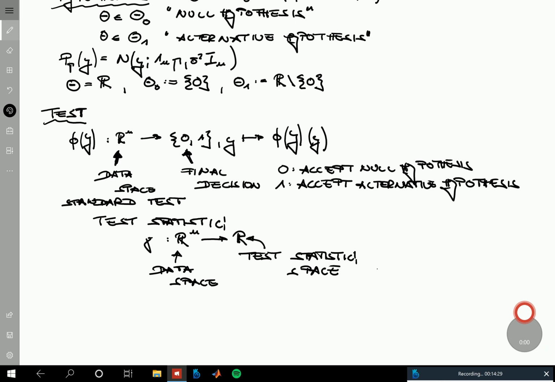So you go from an n-dimensional entity, which, for example, in fMRI can be these 400 data points, to a single number, for example, the t-value.